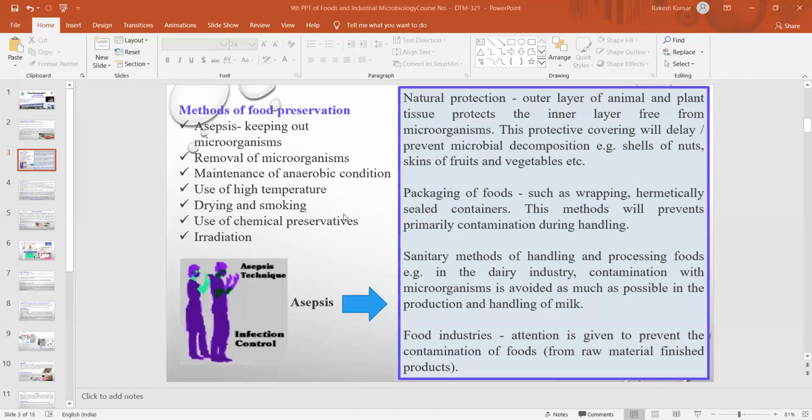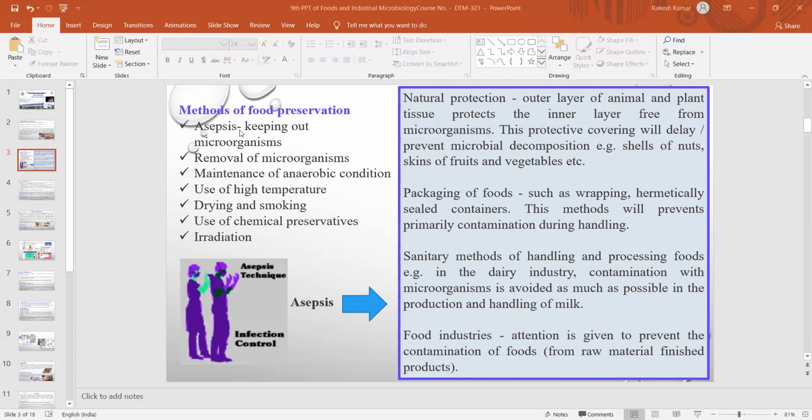So it is very important to choose a particular preservation method on the basis of this information. Now, I want to give you some preliminary information.